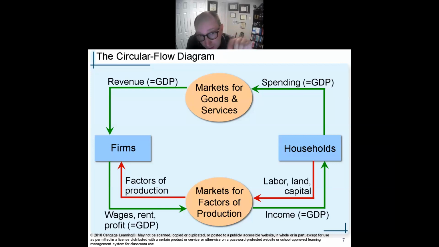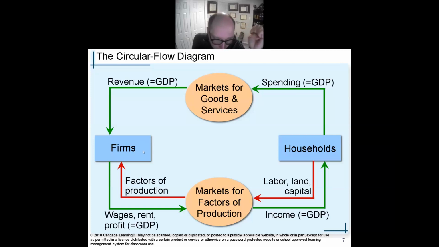When the households spend money, that money gets pumped into the companies as a form of revenue for the company. You see the green box. The green box is complete. The companies produce the goods and the services.